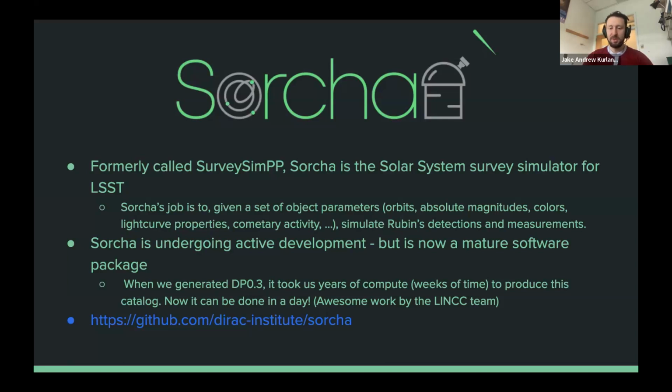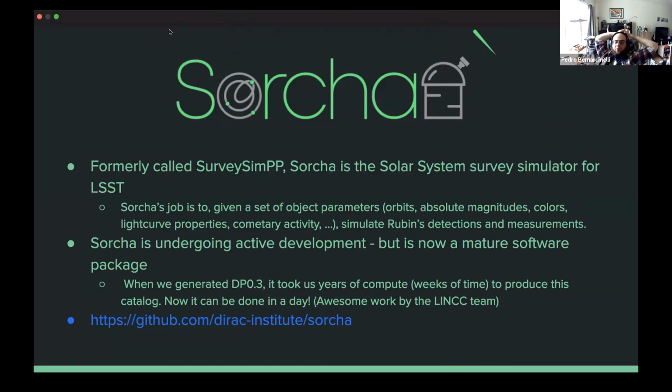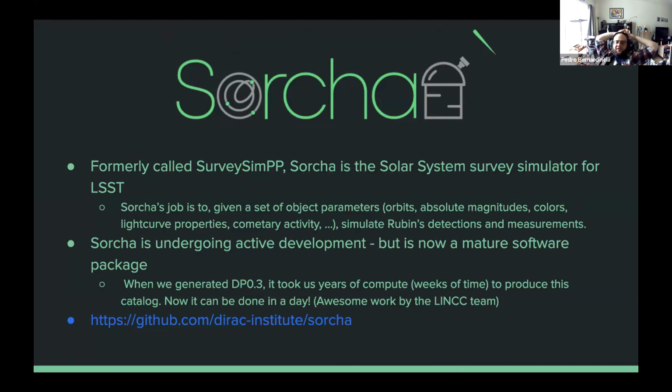So a huge shout out to the Link team, the Link incubator, that totally redid this program and made it very, very fast, very, very general. Let me just add something here, Jacob. So the idea is that in principle, if you want to do something with this data set that is not in DP0.3, you can use Circa to do this.